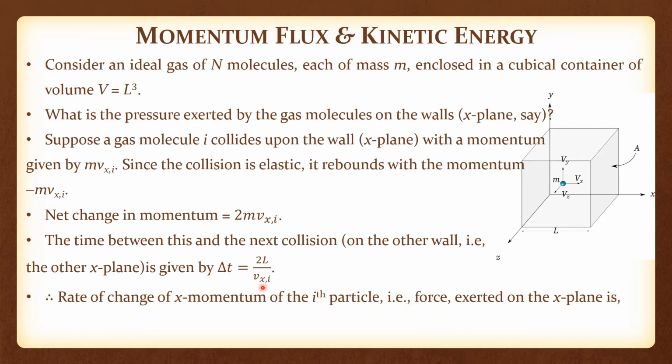So rate of change of x momentum, which is the force exerted, all right. So that is net change in momentum per a certain time, and that then becomes m vxi square by L. Okay, so that is what this force exerted on the x plane becomes.